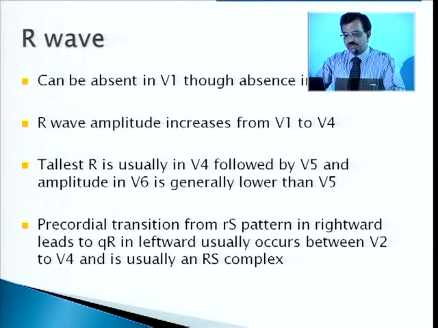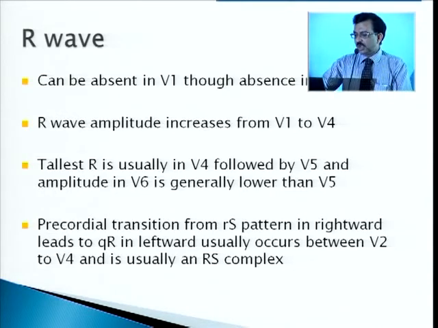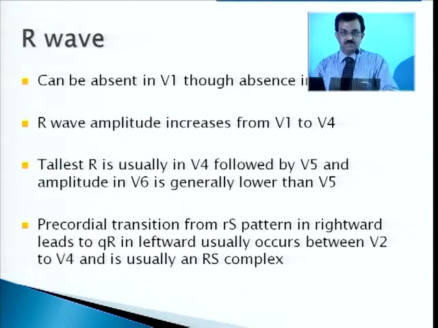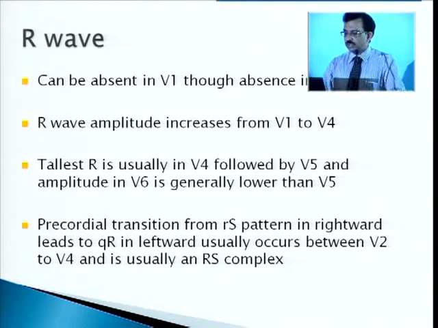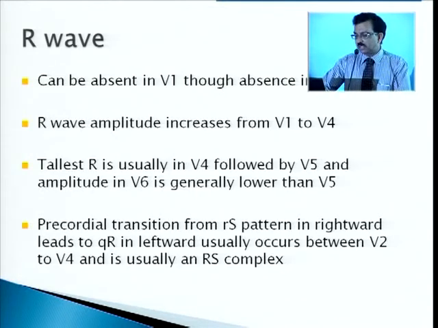R wave amplitude increases from V1 to V4, and the tallest R wave is usually in V4, followed by V5. Normally the V6 R wave amplitude is smaller than that of V5. That we should know. And precordial transition of the RS pattern usually occurs between V2 and V4.